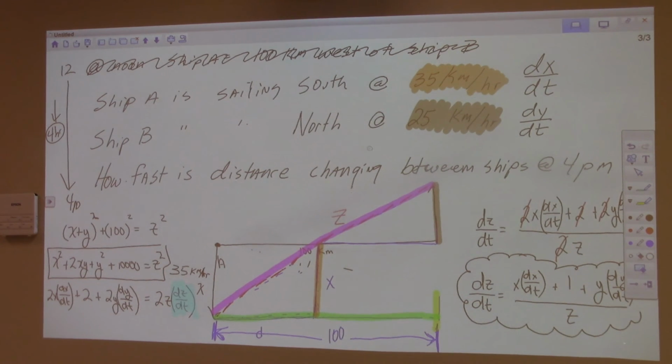What's 4 times 25? 100. So that one's 100. Now you have your x and y. You know this distance right here is x plus y, which is 240. 240 squared plus 100 squared is equal to z squared. Got it? Finish it out.